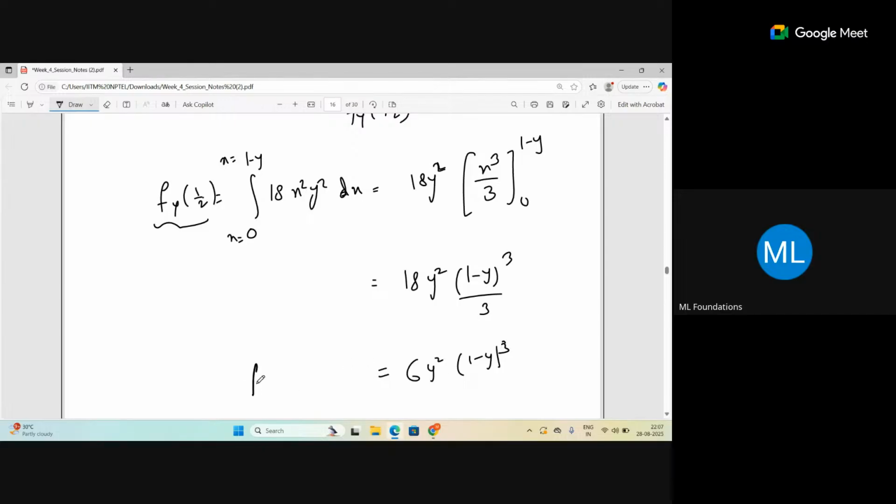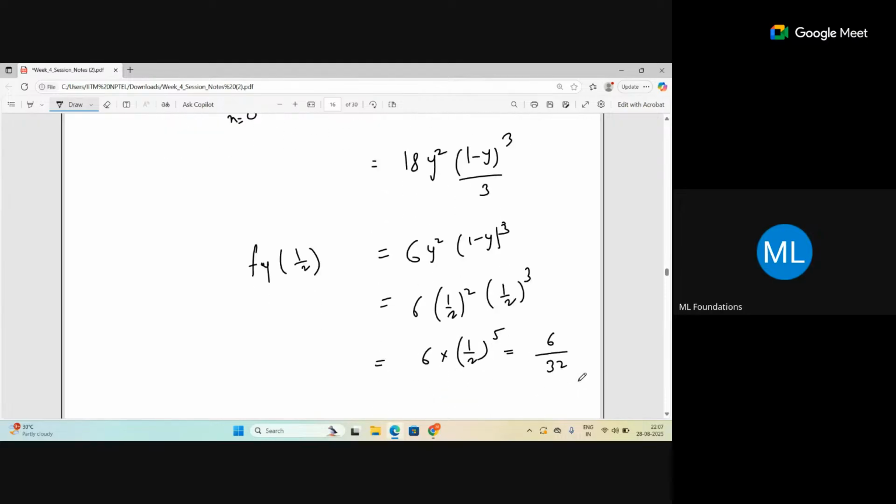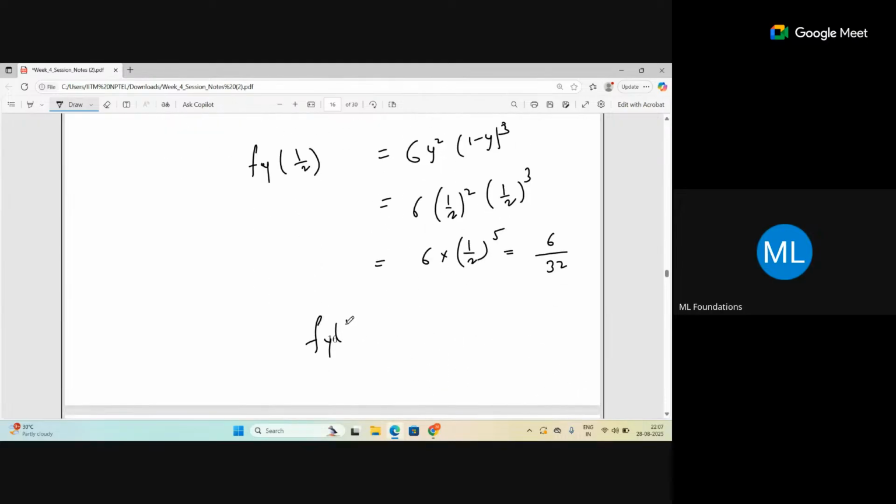But I need this f of y at half, correct? So I'll just plug in the value of half wherever y is there. So it is 6 into half square into half cube, so basically it is 6 into half to the power 5, and 2 to the power 5 is 32. So it is 6 by 32. So this is your denominator. So f of y at half is 6 by 32.